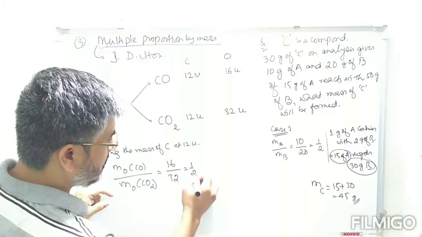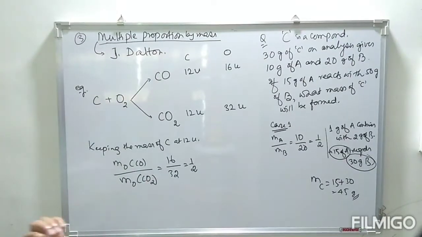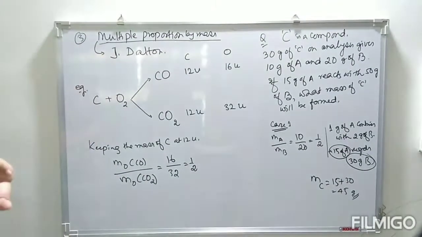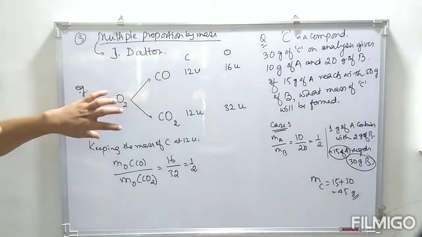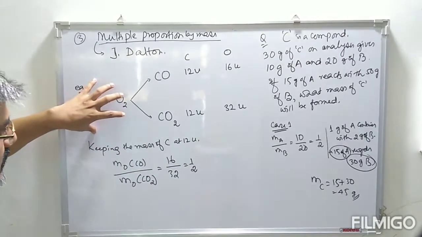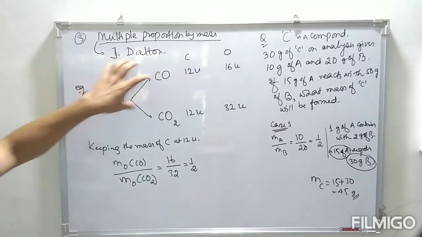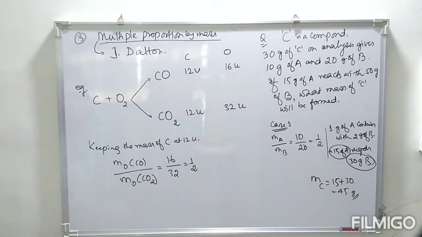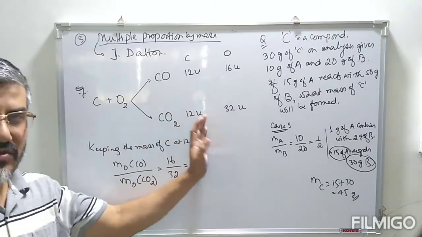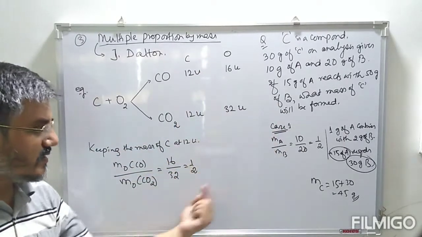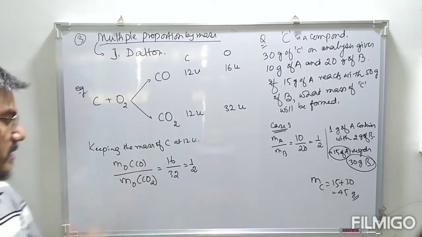So this comes out to be a simple whole number ratio. So according to this law, for the same combining elements giving you more than one product, the mass ratio of one of the components for a fixed mass of the other component will always be a simple whole number ratio.